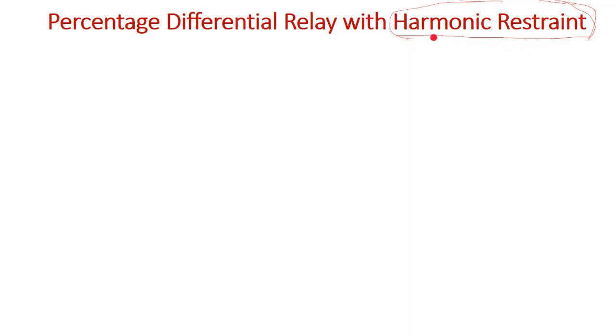If you can design a system so that the restraining torque is more when the harmonic content is more, and less when the harmonic content is less, then for inrush current, when the harmonic content is more, the restraining torque will be more and it will oppose the operating torque, and therefore there will be no tripping of the relay.